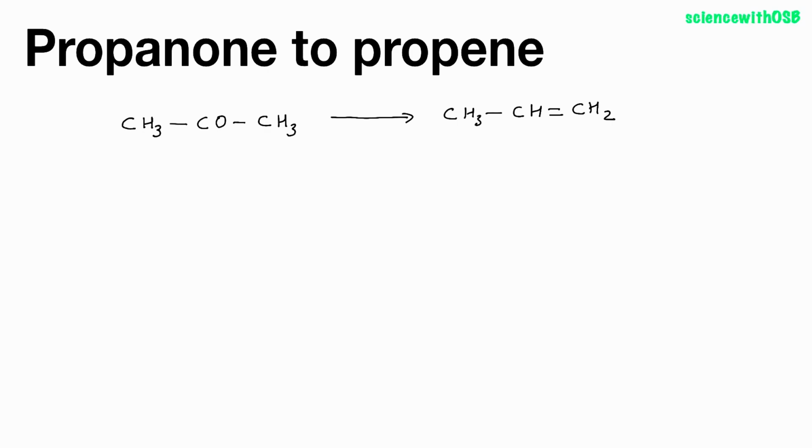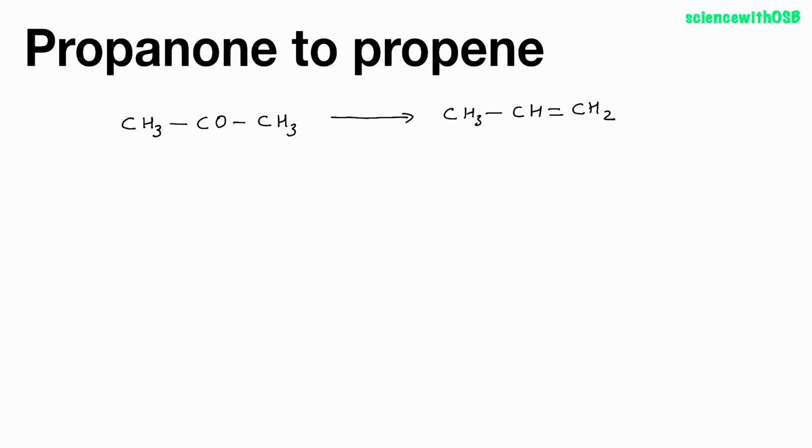Here you have a ketone, and we are supposed to prepare an alkene. You know it is very easy to prepare a secondary alcohol from a ketone by reduction, and from the alcohol you know how to prepare an alkene by dehydration. So it's very easy: ketone to alcohol, alcohol to alkene.